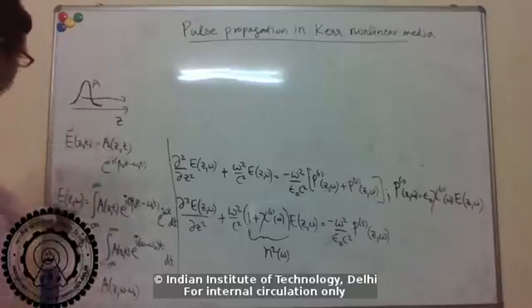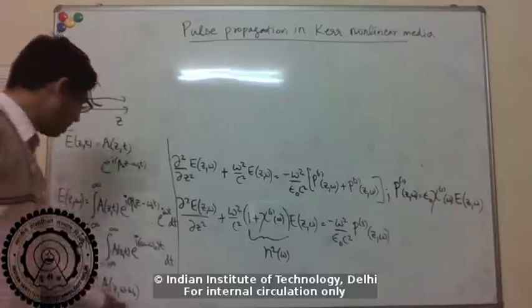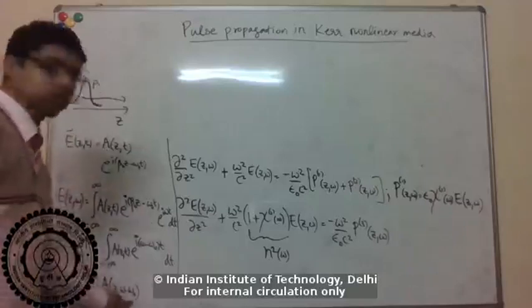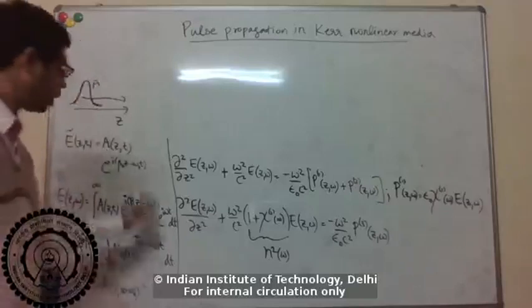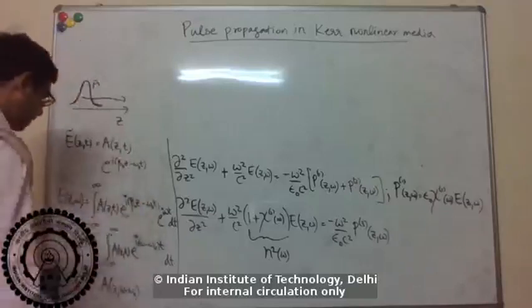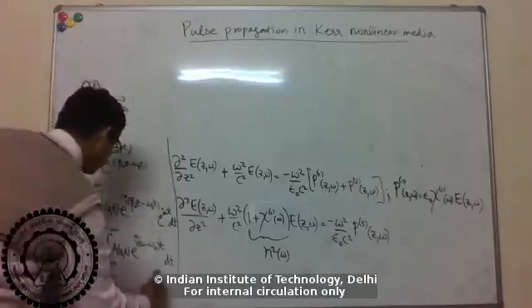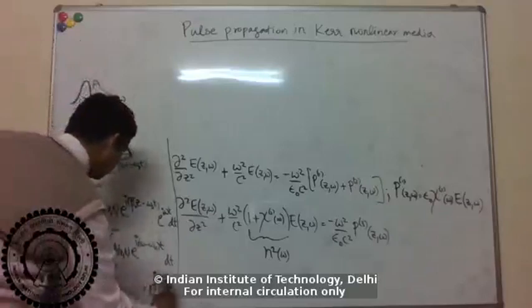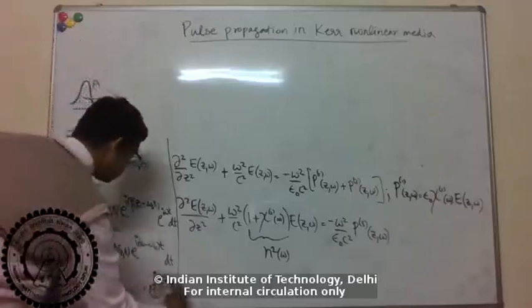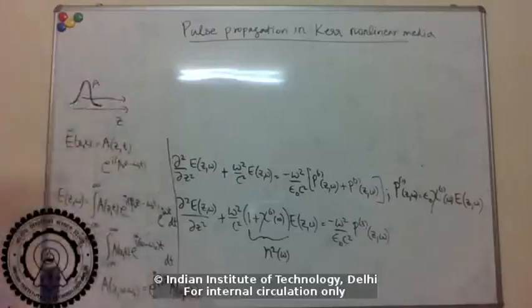Right, so basically Ez of omega is related to A at omega minus omega naught. So omega minus omega naught is the detuning from the center frequency, right? Which we can denote with another symbol, capital omega. Okay.